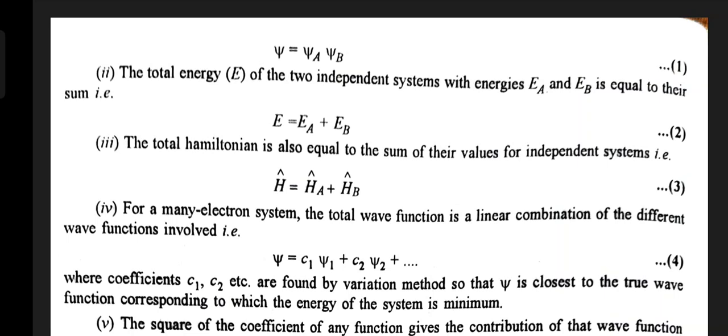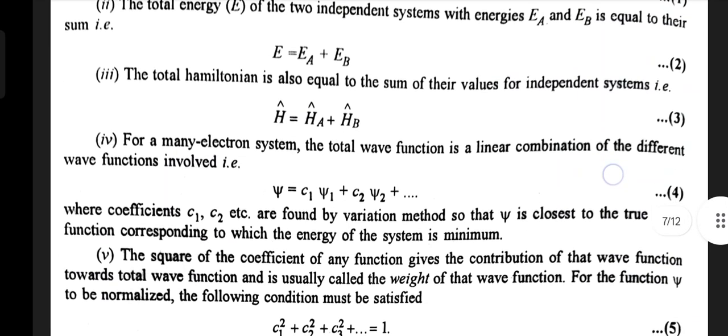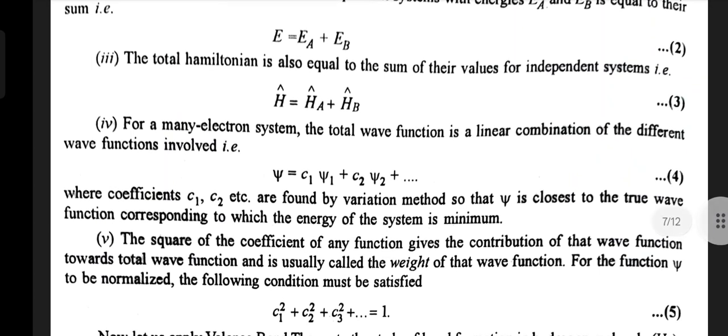For a many electron system, the total wave function is a linear combination of the different wave functions involved, that is, psi equals C1 psi 1 plus C2 psi 2 plus and so on. This is the fourth equation, where the coefficients C1, C2 etc. are found by the variation method so that psi is closest to the true wave function, corresponding to which the energy of the system is minimum.